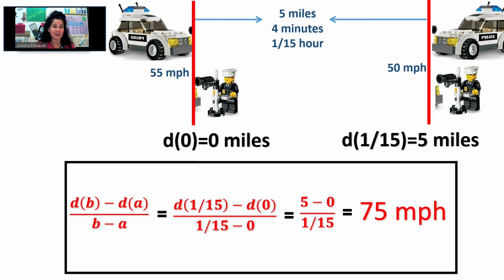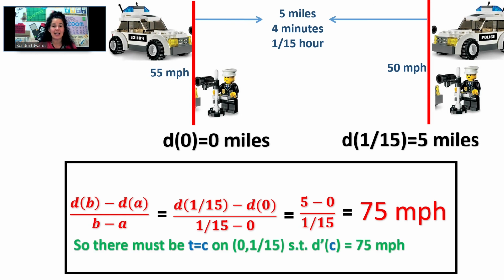So the mean value theorem guarantees that there is some time between time 0 and time 1/15 of an hour that the car was going exactly 75 miles per hour.